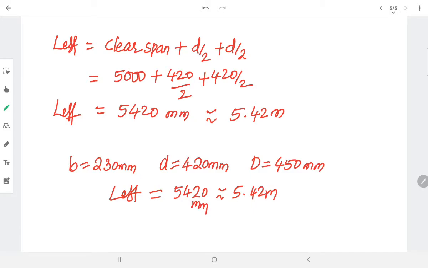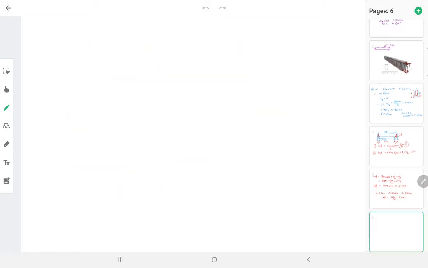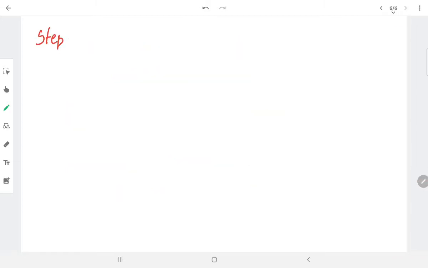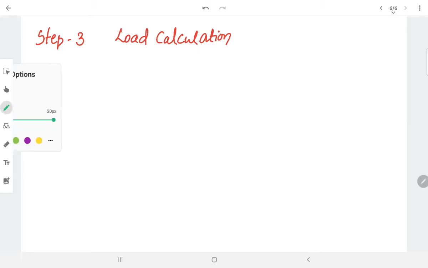Once it is fixed, we will go for the next step, step 3, that is load calculation. Then, if you calculate load and span, you can easily find out the bending moment as well as the shear force. Before that I'll draw the figure of that beam.